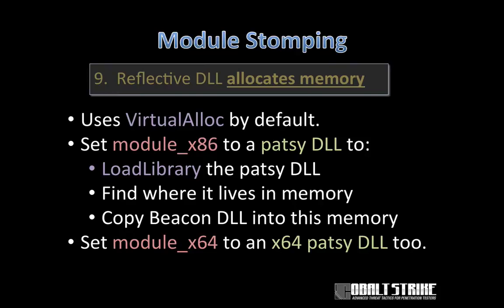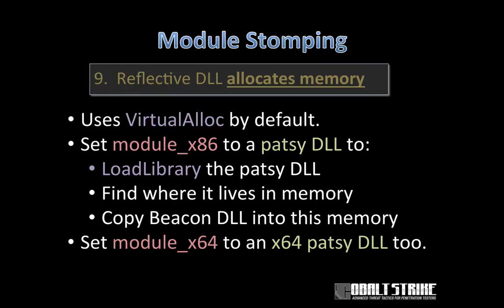So, if you want to take that particular behavior off the table, you can take advantage of a technique called module stomping. And what is module stomping? Well, instead of VirtualAlloc, the reflective loader will instead call LoadLibrary to get some sort of unused DLL into the memory of the current process.